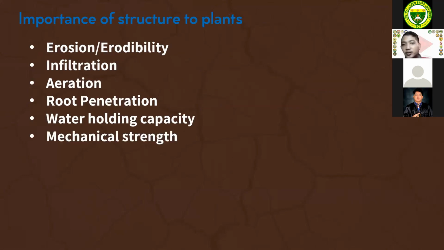Importance of soil structure to plants. So erosion and erodibility. Pagka yung structure natin is hindi maganda, like for example, sa upland, okay? Winasak natin structure. So that can lead to erosion and yung losses of surface soil. Then infiltration.